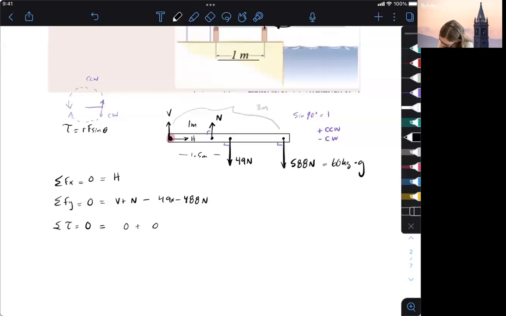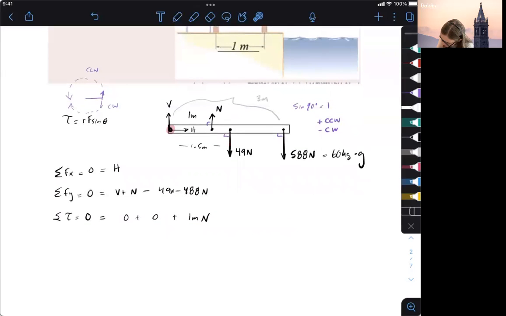What about these two? For N, we have 1 meter times N, and it's going counterclockwise, because this would cause it to rotate up, so that would be a positive torque. This other force would cause it to rotate clockwise around the pivot point, so this would be a negative torque. So those two would both be negative.